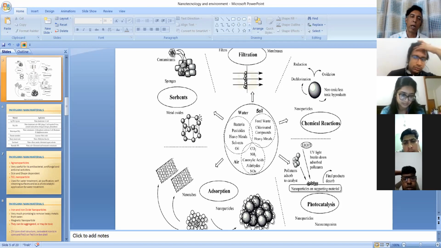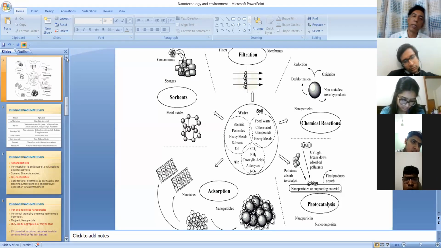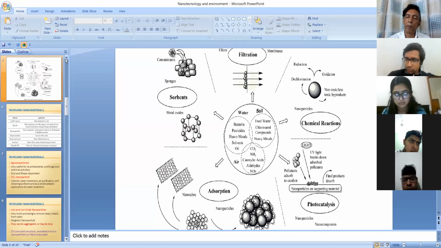But these are not used very frequently. The nanoparticles are not used very frequently. Why? Because they are now in the experimental stage. You will not get a machine that can use nanoparticles and clean the environment, at least not very often.